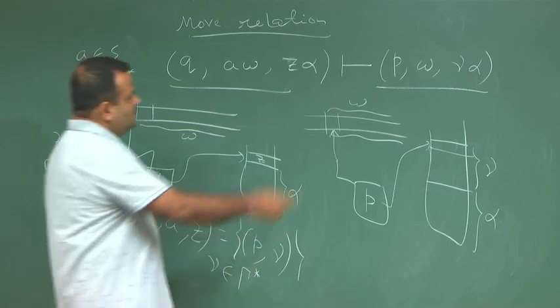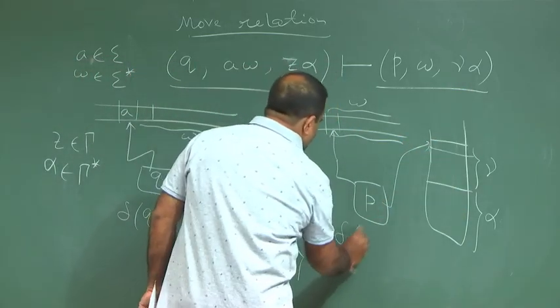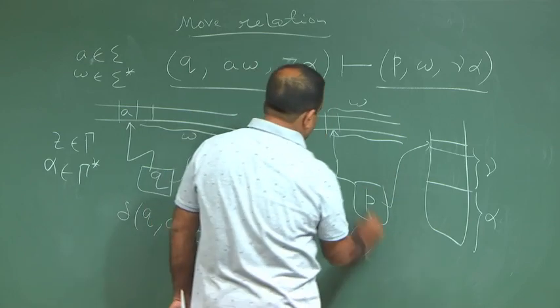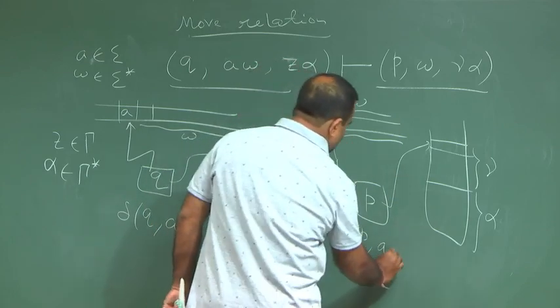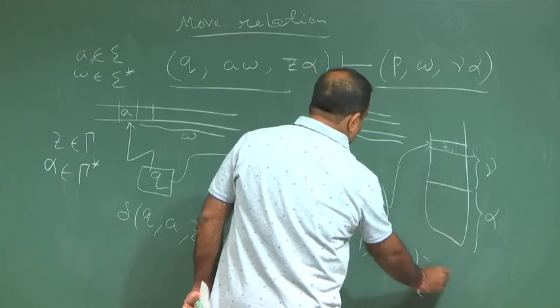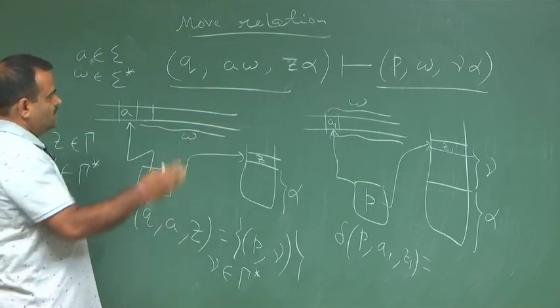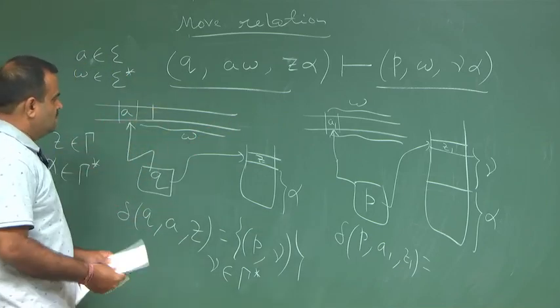So, again from this ID, if we move to some other ID, like we take this delta of p, say suppose this is a1 and then suppose this is Z1. This may go to some other thing. So, that will be coming into the picture. So, that will be the move relation.